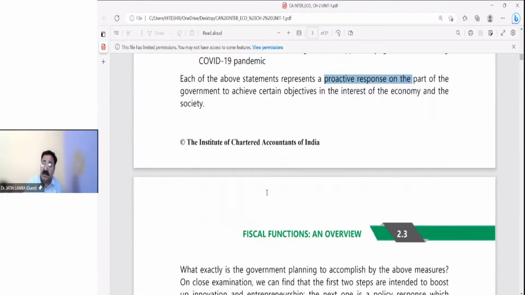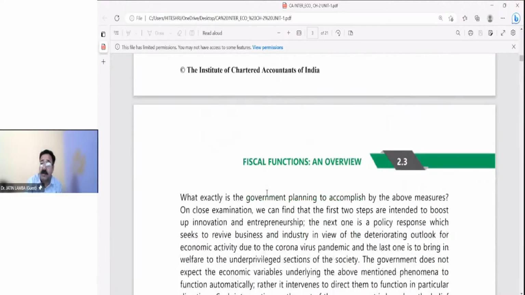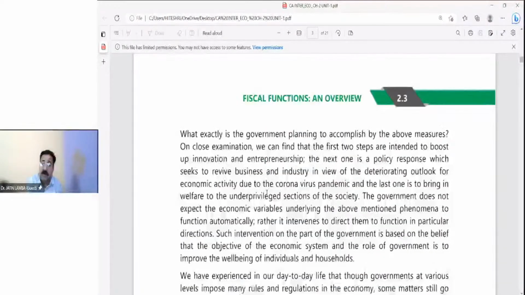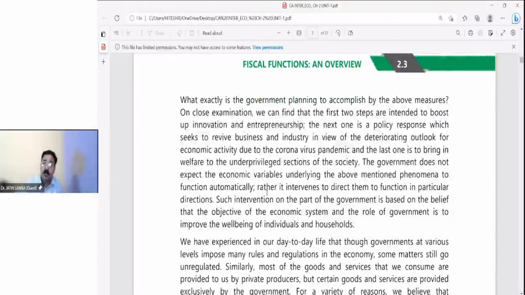And whenever the industries will be boosted up, then there will be more employment in the economy. More employment means more national income, more consumption level, more aggregate demand. All these will go up, right? And it will signify the boom in the economy.